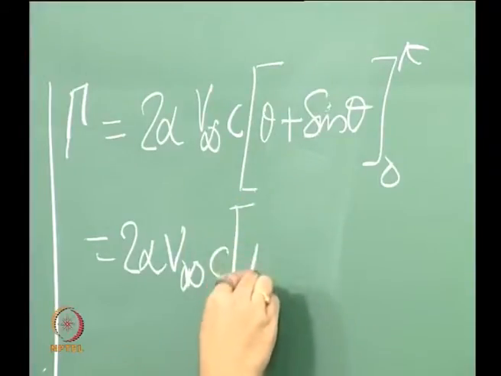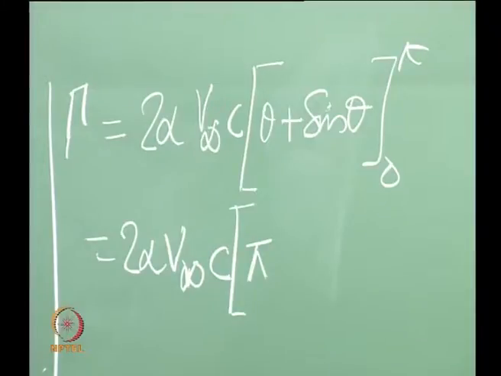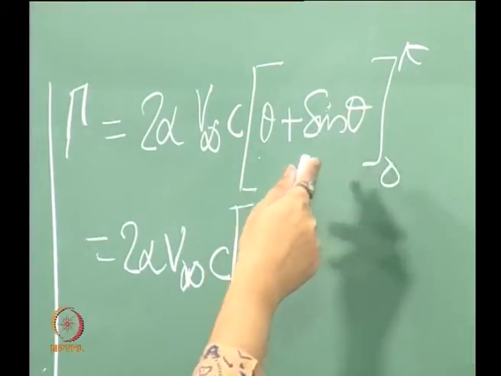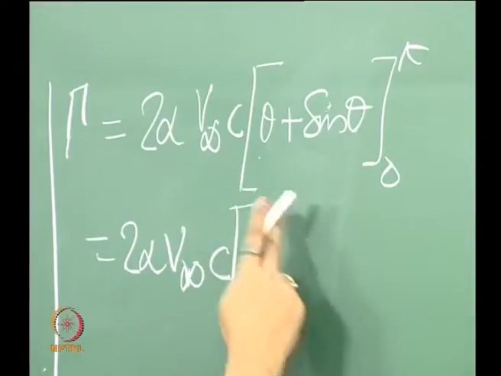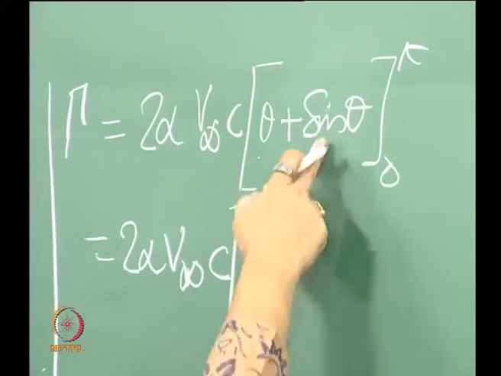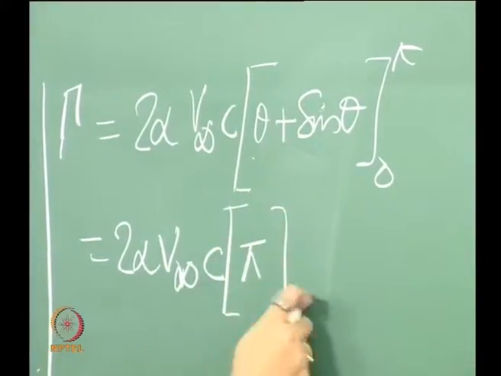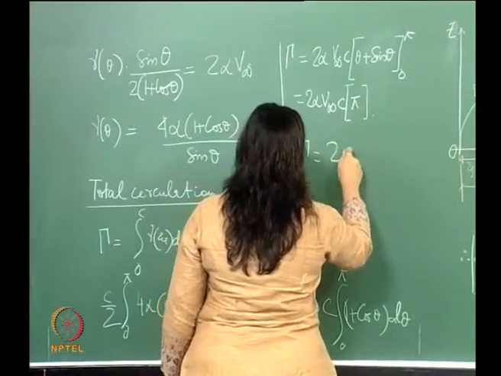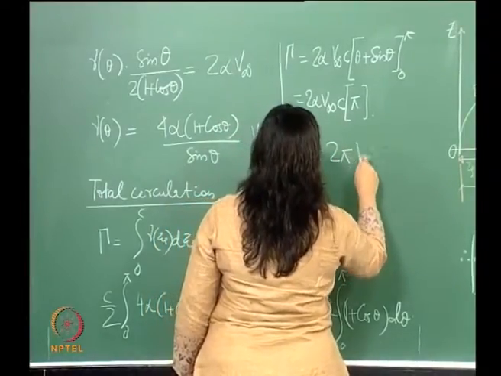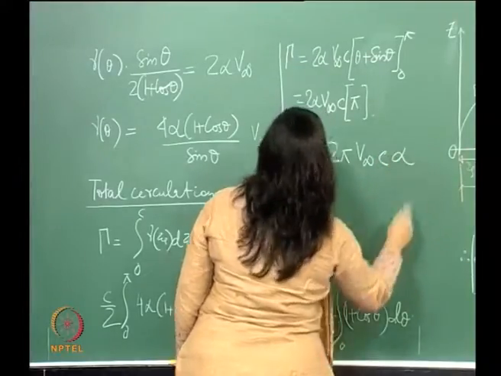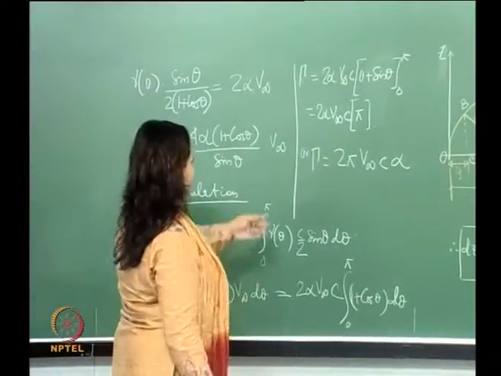So, we get pi plus sine pi, which is 0, minus 0 minus sine 0, which is 0. So, our total circulation is 2 pi v infinity c alpha, which makes sense.